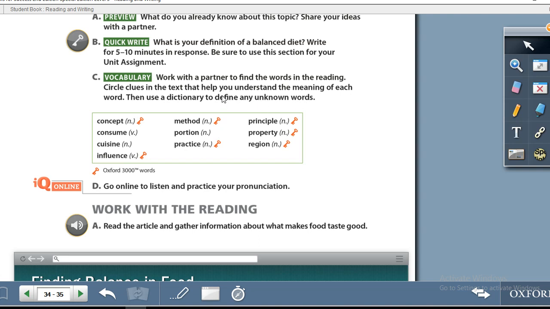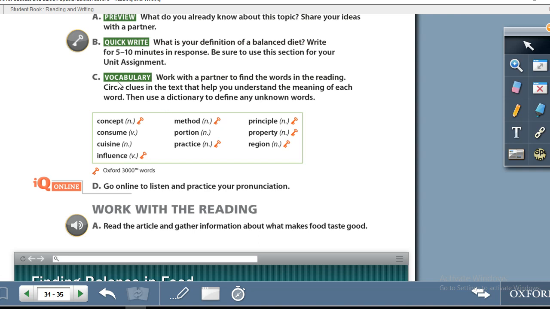Right, so this is something where you are going to go through the reading, and you are going to circle any clues in the text that you find. The idea of circling any clues is going to help you to better understand the meaning of each word.